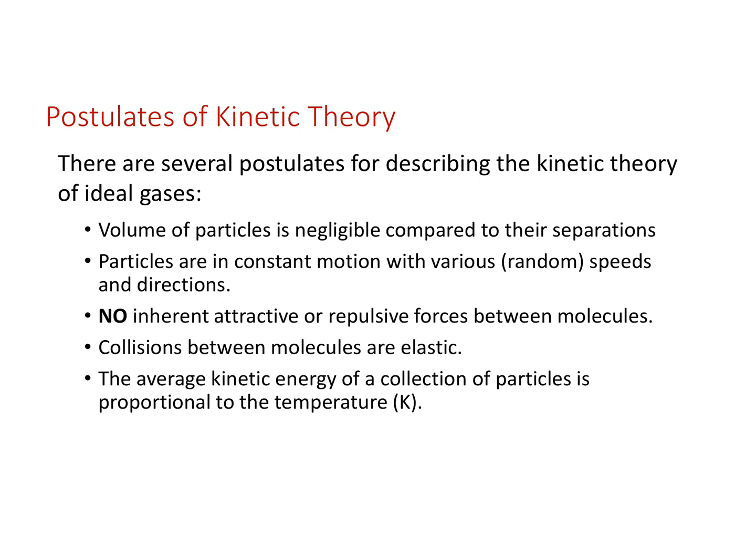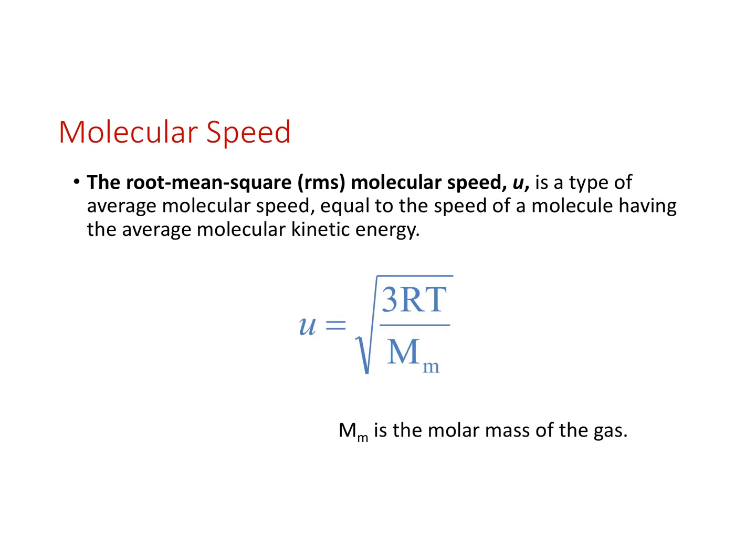And we can relate how fast they're moving, so the average kinetic energy of a sample, to the temperature of the sample. Here's the equation for our root mean squared speed that we're going to get to in a little bit. Basically, this is the average molecular speed for a sample of molecules having an average molecular kinetic energy.